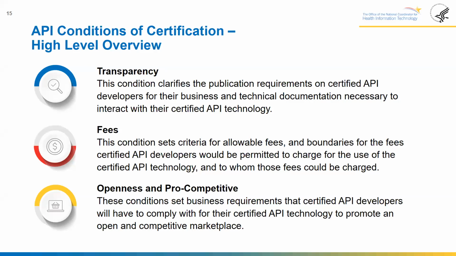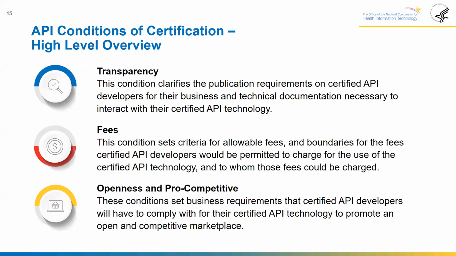And finally, the openness and pro-competitive condition establishes business requirements to ensure that the APIs can be effectively used. Some of the requirements here include things such as granting of rights needed by customers, the health organizations, to be able to use the APIs most efficiently and on non-discriminatory terms.